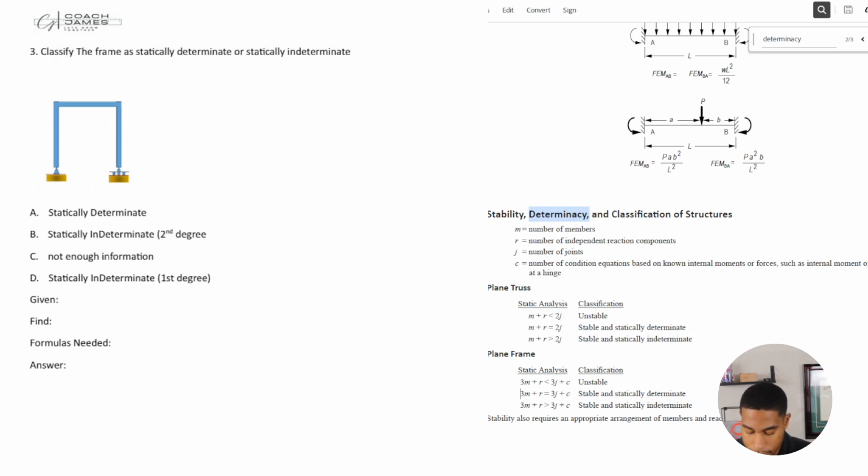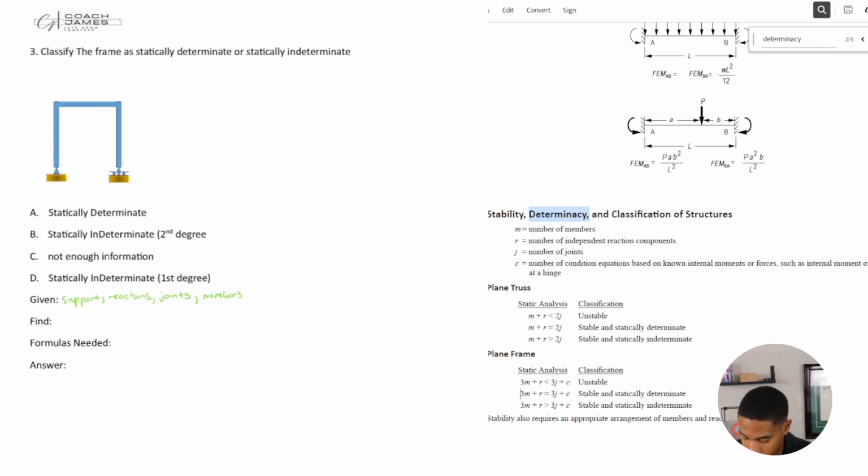All right, so this one says classify the frame as statically determinate or statically indeterminate. Okay. So what information are we given? Well, we are given the supports, the reactions, the joints, and the members. Okay.